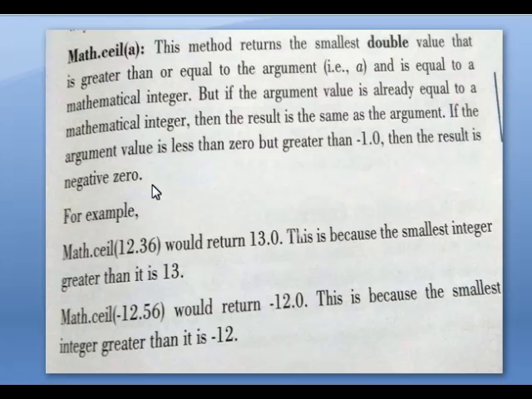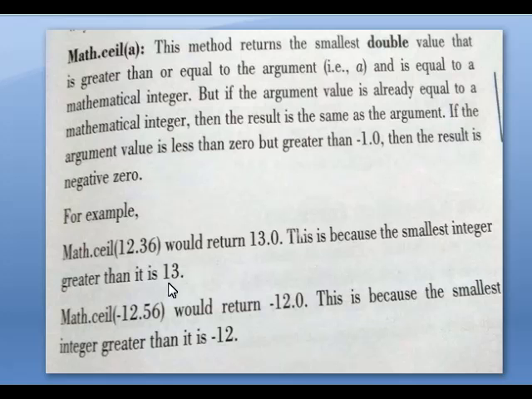For example, Math.ceil of 12.36 will return the value as 13.0. If the argument is a positive number, whether the number after the point is greater than or less than 5, it will round off to one value greater than it. This is because the smallest integer greater than that is 13.